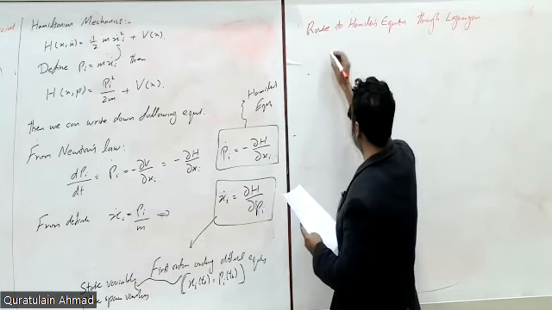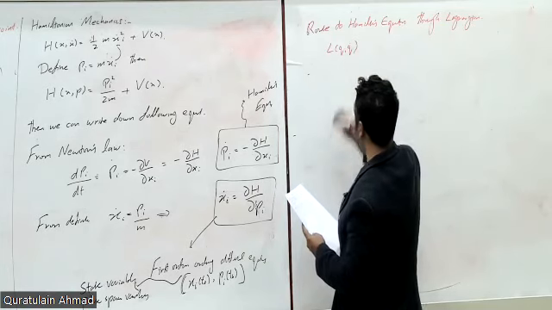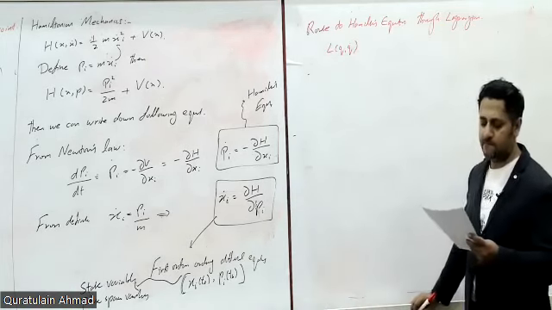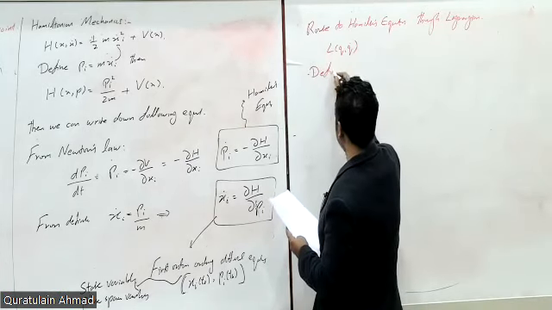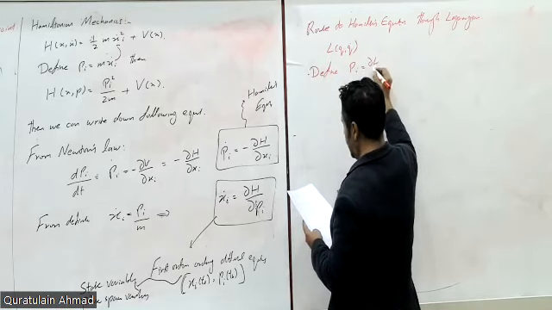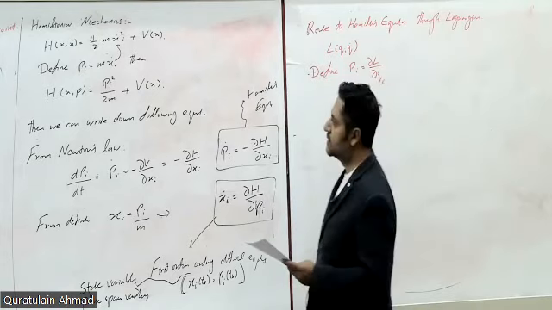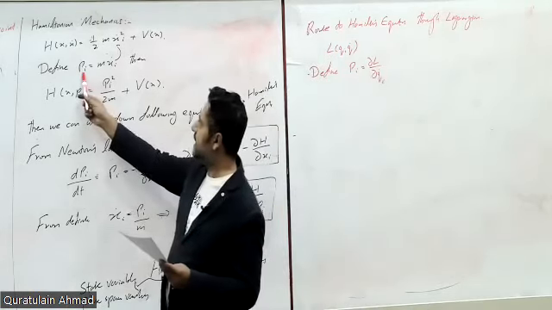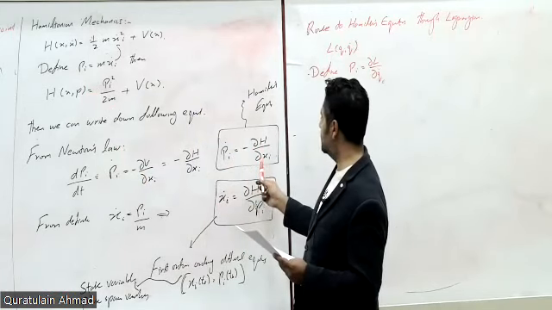So consider a general Lagrangian like this, and it's not Cartesian coordinates or anything like that, any general coordinates. And define p_i as ∂L/∂q̇_i. Like here, p_i, I said it's minus ∂H/∂x_i.